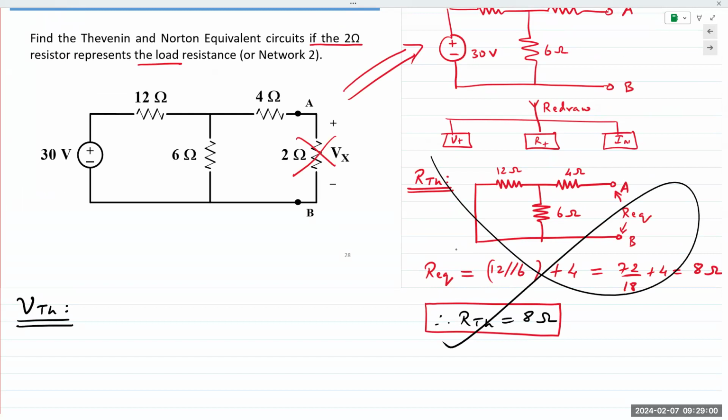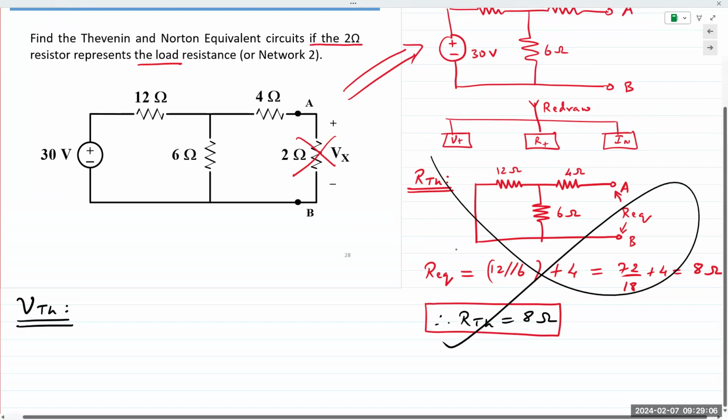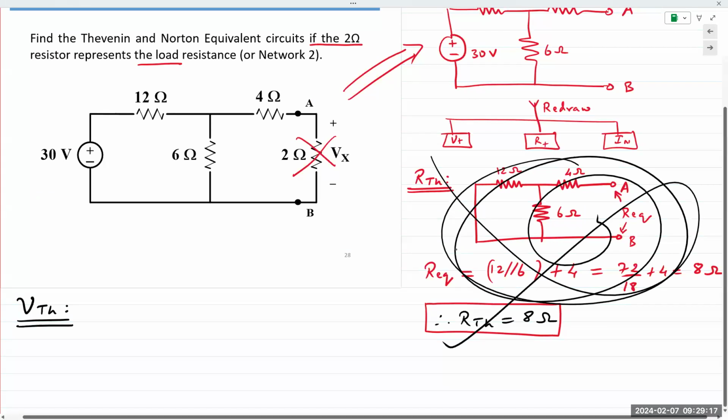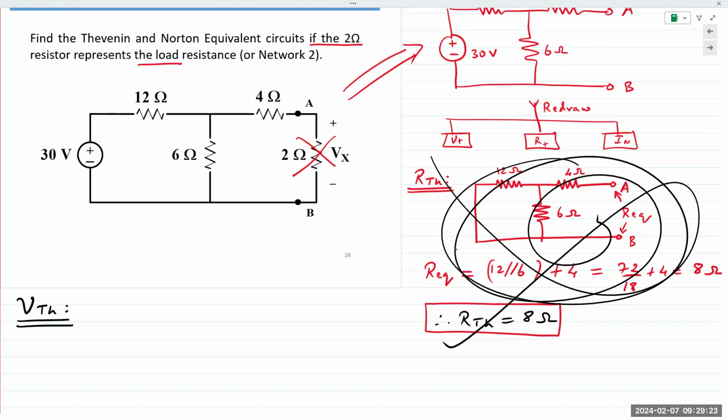Again, we go back to the original circuit, and now we're analyzing the original circuit to find Thevenin voltage. If we use this circuit, there is no source in that circuit. So there is no voltage or current present in the circuit. And the value of RTH has no bearing on the analysis for VOC and ISC, okay?